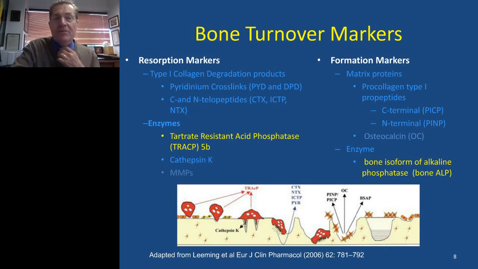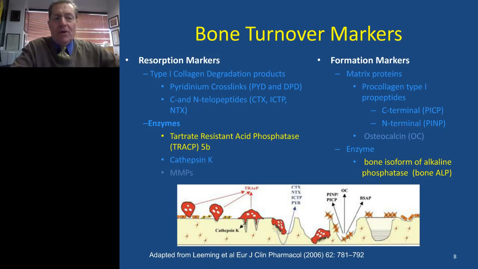On the left-hand side, the preferred markers are preferred by both the International Osteoporosis Foundation and the International Federation for Clinical Research, who have met to come to some consensus on this, and in the United States by the American Association of Clinical Chemistry and the National Bone Health Alliance, a part of the National Osteoporosis Foundation, who have come to an agreement on preferred markers.